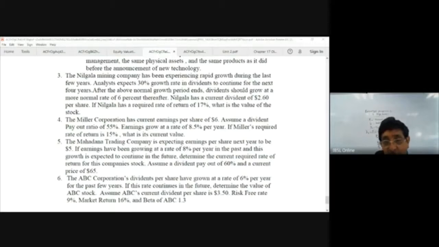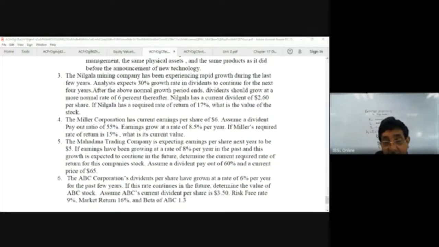Why you got 0.8? Udeshan also got 0.8, no? It is E0 into 0.55 into 1 plus G, 1.085, divided by 0.065. 55.08 is correct. 0.08 is correct.